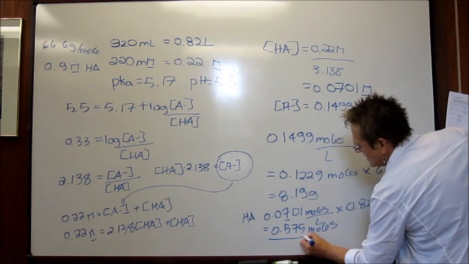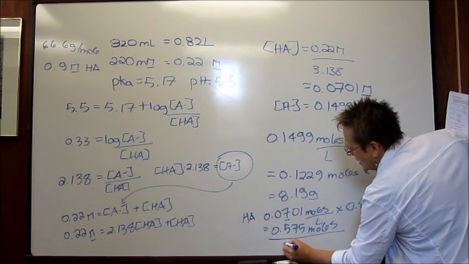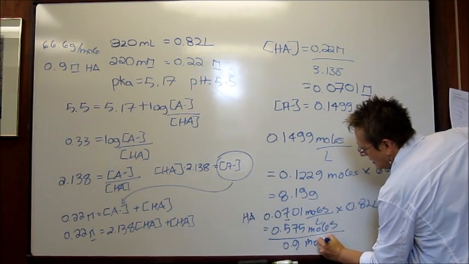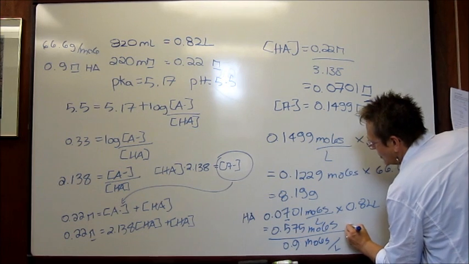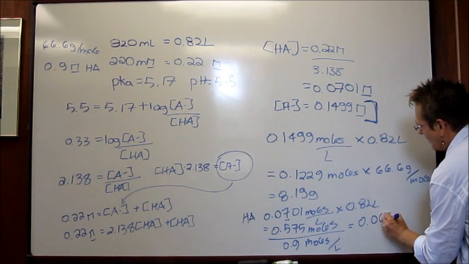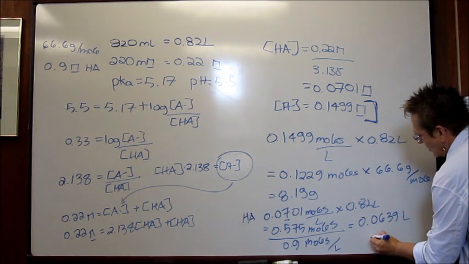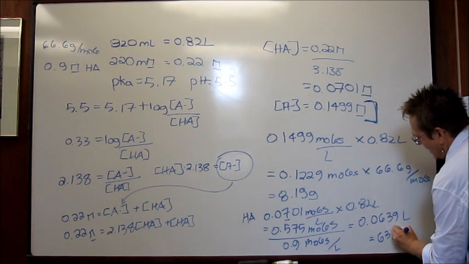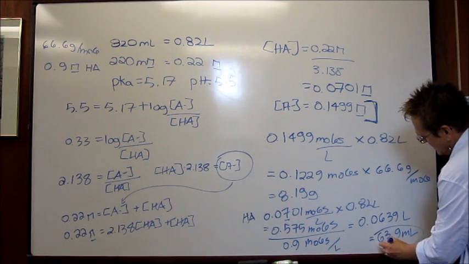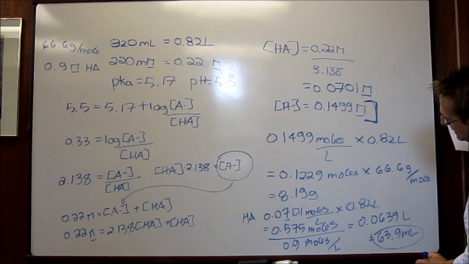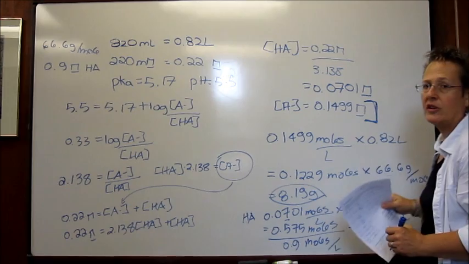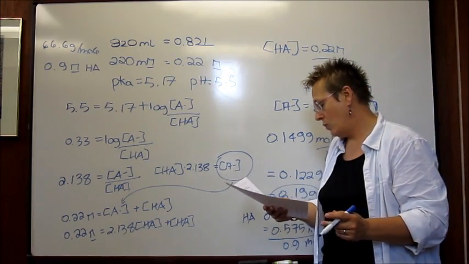And for that, I need to divide that by the concentration of my stock solution, which is 0.9 moles per liter. So that will give me an answer in liters, which is 0.0639 liters, which is equal to 63.9 milliliters. So to make my buffer, I simply need to mix this many milliliters of my stock solution of acid with this many grams of salt and fill to 820 milliliters with water.